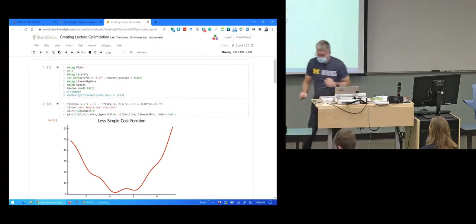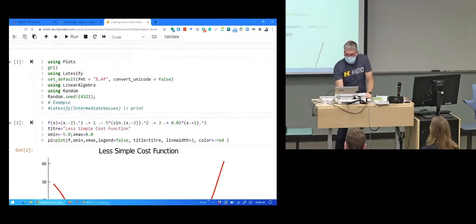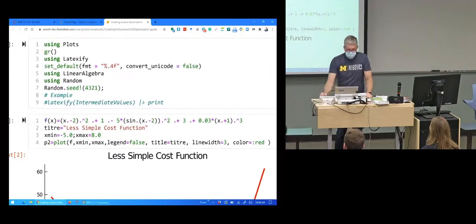Okay, so let's see, I've already run plots and everything. So this is just the usual stuff, using plots, we're using the GR backend. That LaTeXify, I don't know if you've noticed in some of the examples in the book, that's how I generate the tables automatically, the LaTeX.